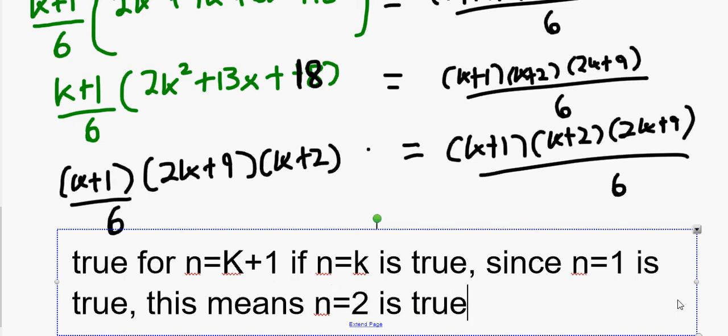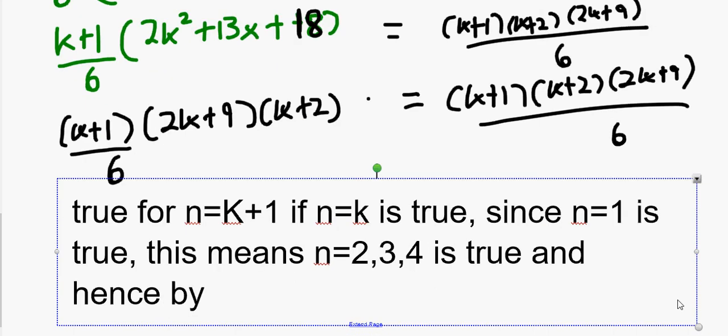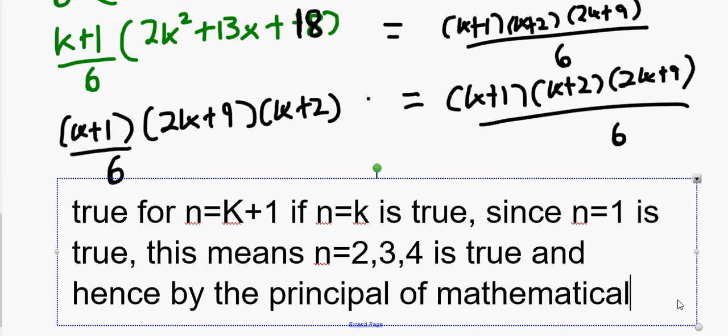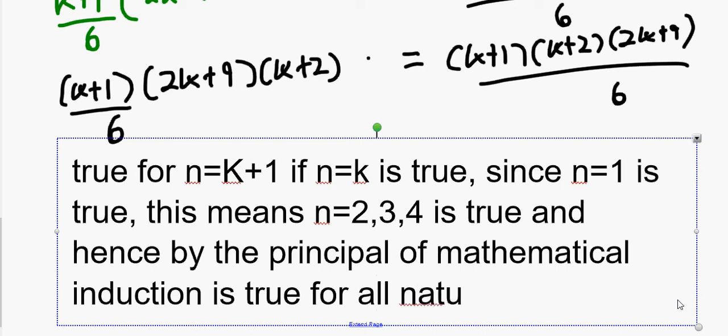This means n equals 2, 3, 4 is true, and hence, by the principle of mathematical induction, it is true for all natural numbers n. Done. And don't forget your dot dot dot there.